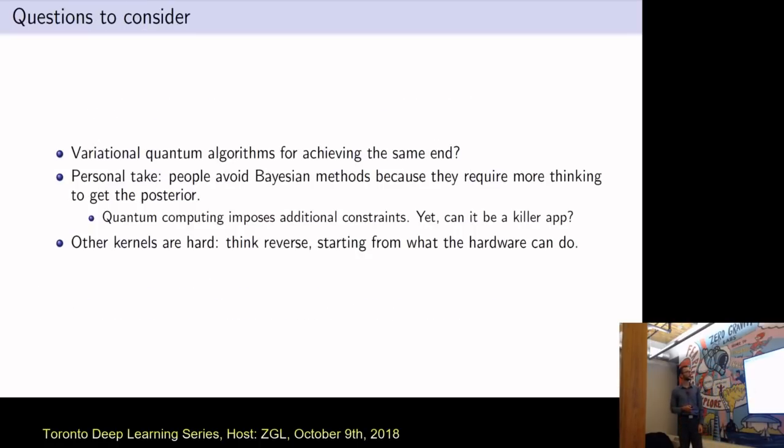So I'm going to leave a bunch of questions here. The quantum computers that we have today require mainly something called variational algorithms. These variational algorithms do a very short calculation on a quantum chip, which is shallow because you cannot use many gates. Then you go back to the classical computer.